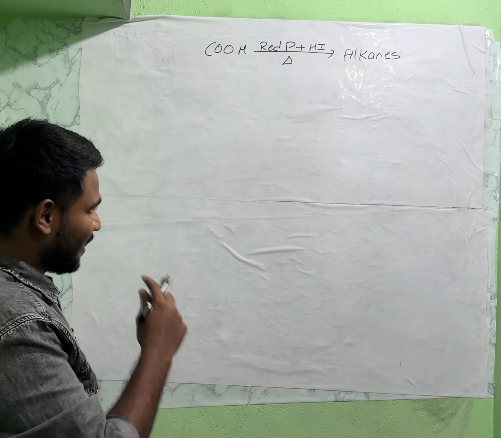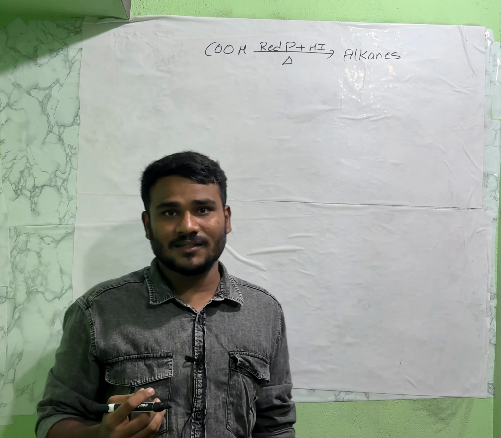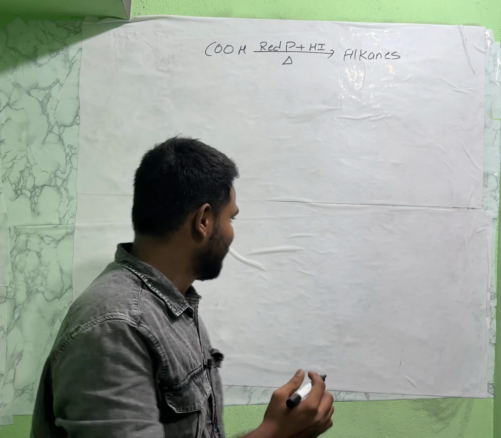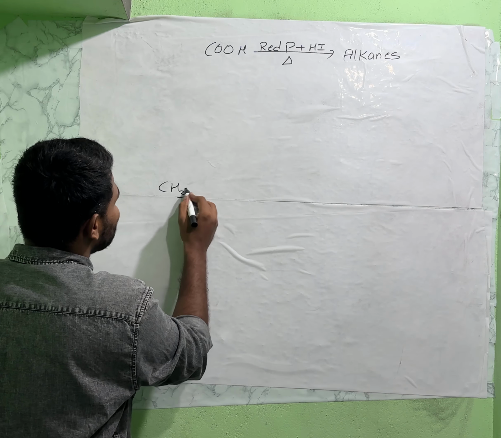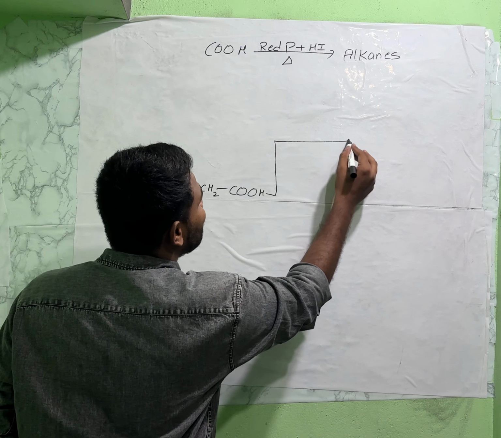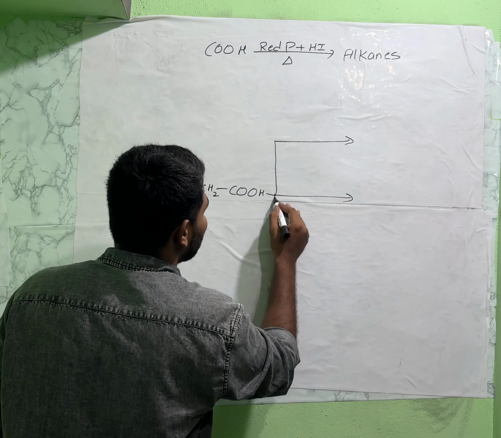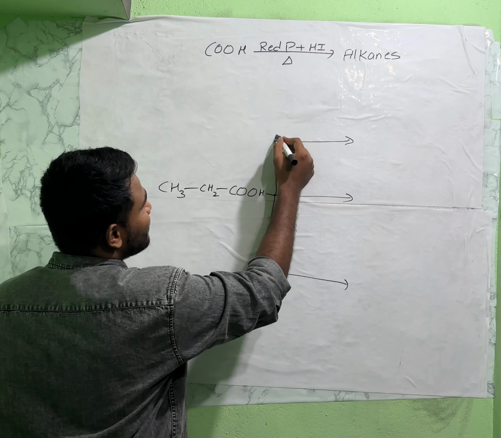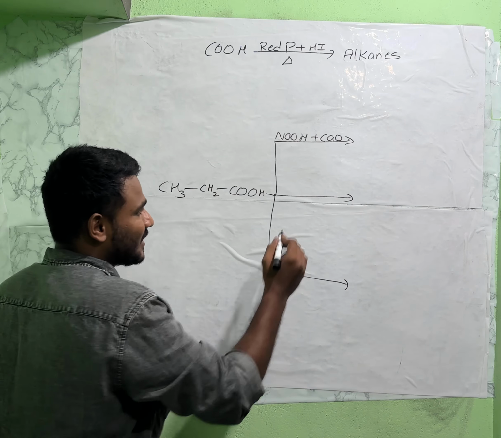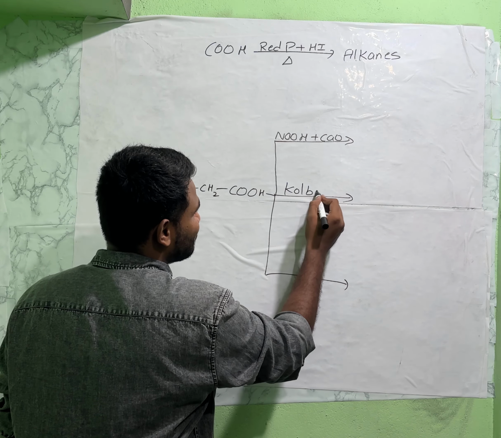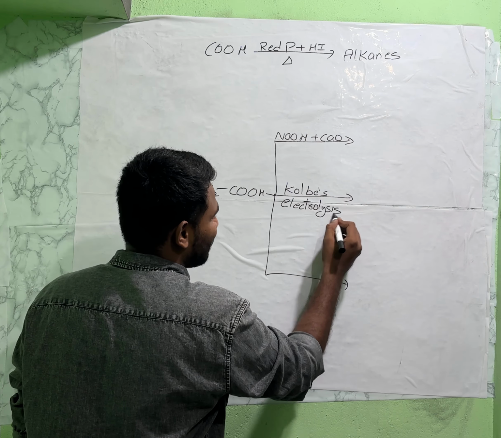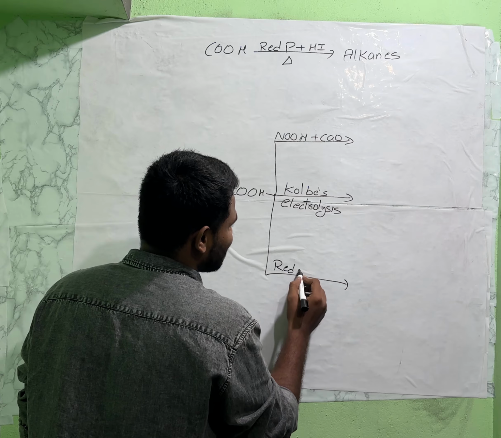In the last classes we saw methods of converting acids to alkanes. For example, CH3CH2COOH. In that we have seen three methods. The first one is NaOH plus CaO, the second one is Kolbe's electrolysis, and the third one is red phosphorus plus HI.